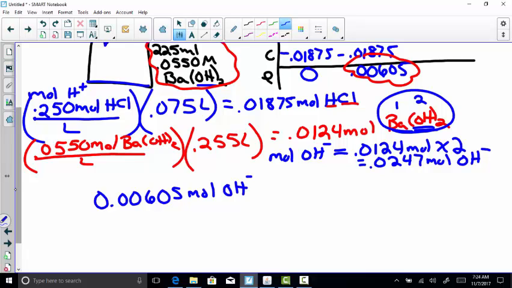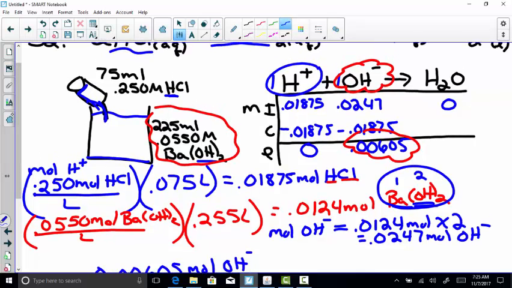And to get the molarity, I need to divide that by the volume. But one of the things that you have to remember is for our volume, we had 75 milliliters and 225 milliliters.